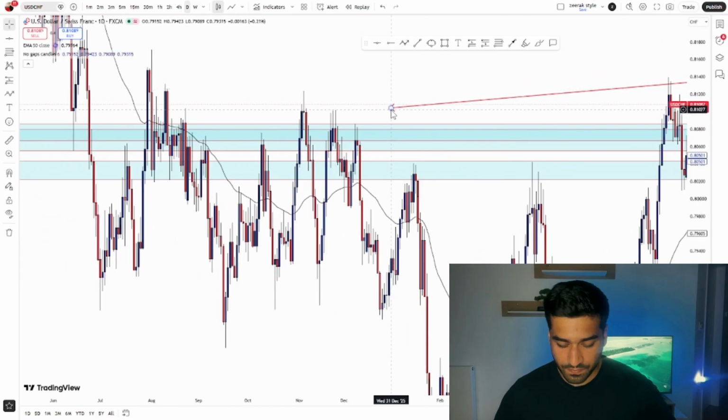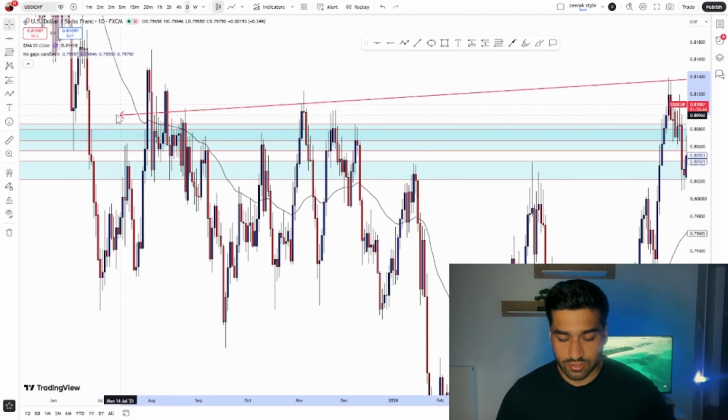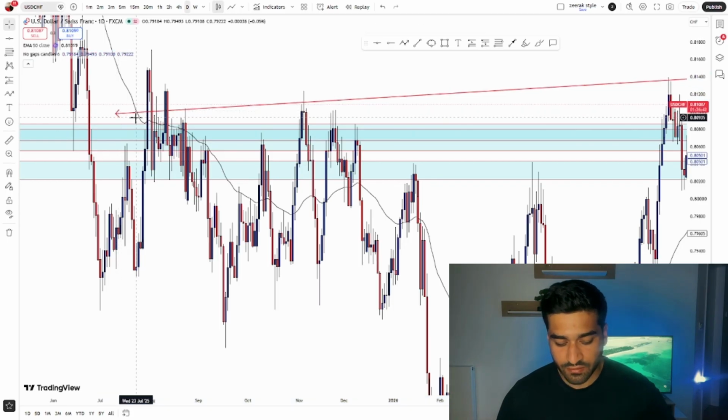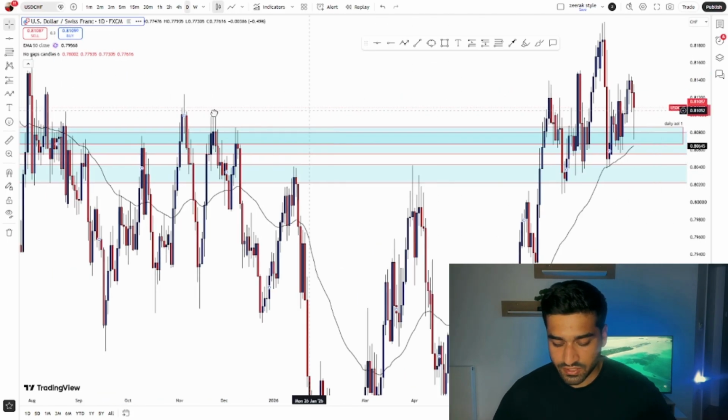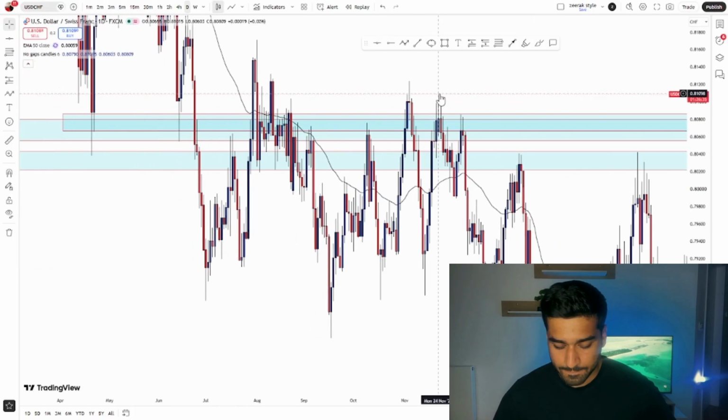Here if we come 7, 8, 9, 10, 11, 12, so this is stronger than the daily area of interest. The daily area of interest has just 1 touch, 2 touch, 3 touches, and 4 touch.